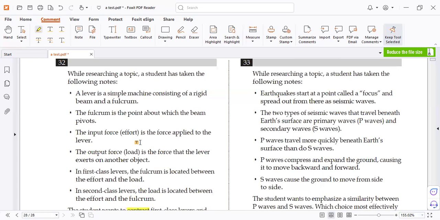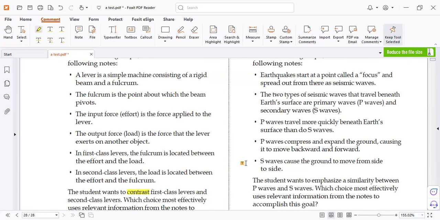The last question before you get angry. 33. I chose C. And 33, no, read again. Okay.